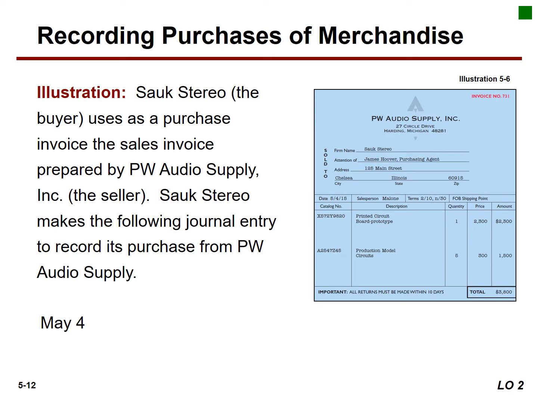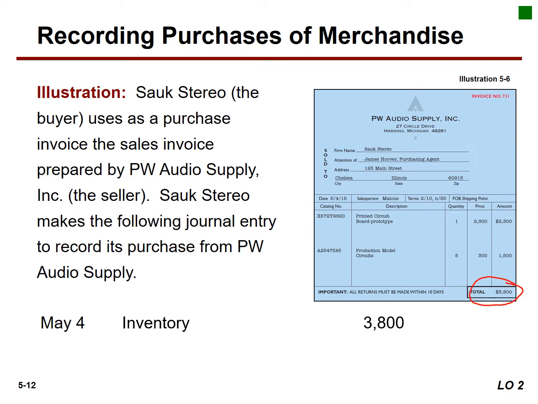All right, let's look at how Sauk Stereo, the buyer, will record the purchase of this merchandise inventory from PW Audio Supply. Again, we're assuming both of these businesses keep track of their inventory under the perpetual inventory system. So, Sauk Stereo, the buyer, will debit the inventory account by the total cost of this inventory that they're buying.